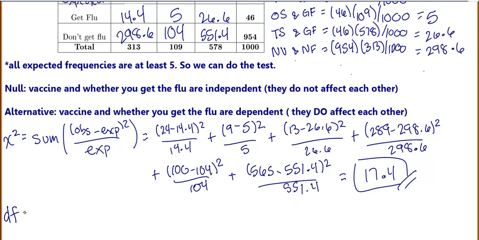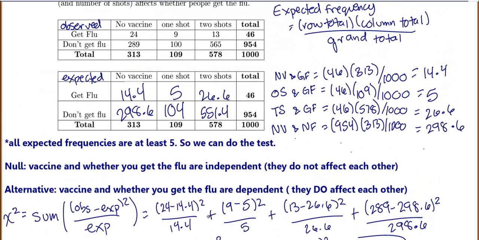Your degrees of freedom are your number of rows minus 1 times number of columns minus 1. So let's go back up and look at this. Remember, don't count the totals or the headings, so we just have 2 rows and 1, 2, 3 columns.